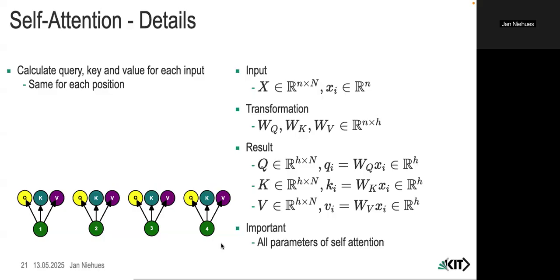So if you want to learn which information is important in order to understand the second position, this has to be encoded into your weight matrices WK, WQ, and WV. Once these are defined, everything is fixed and there's just more calculation. So you later need to backpropagate always to this position in order to change your matrices WQ, WK, and WV, to decide what information is important and which is not. So these are all the parameters you learn. Later there's more calculation, but this is everything you can learn at the beginning.